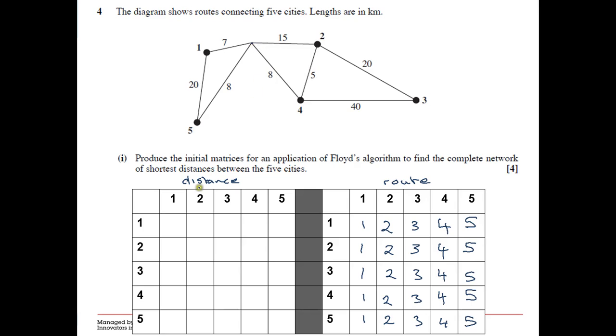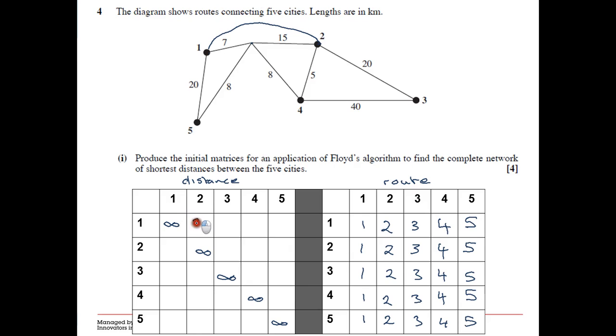First of all, any vertex doesn't have a direct route to itself, so we put infinity in 1,1, 2,2, 3,3, 4,4 and so on. Then looking at vertex 1, if we go from 1 to 2, we are going all the way along here, and so the distance is 7 plus 15, which is 22.